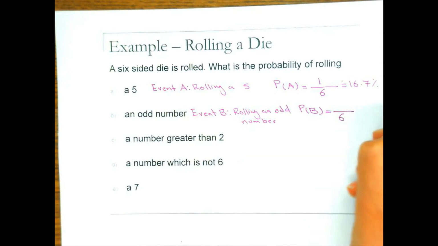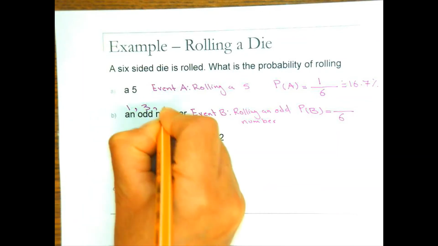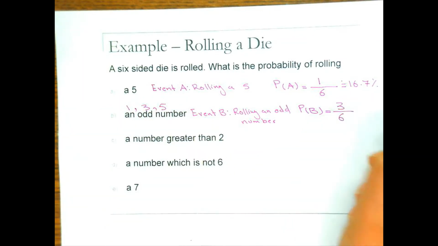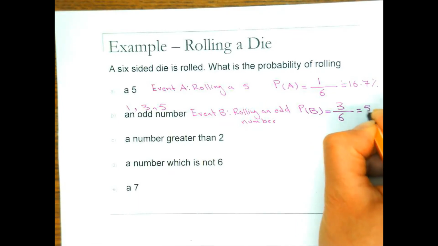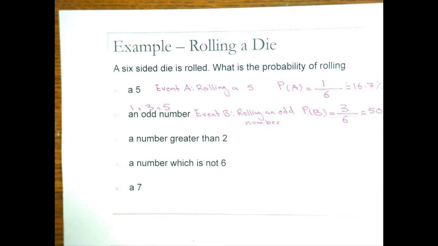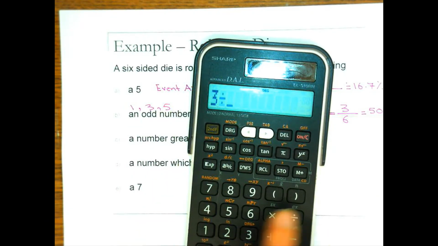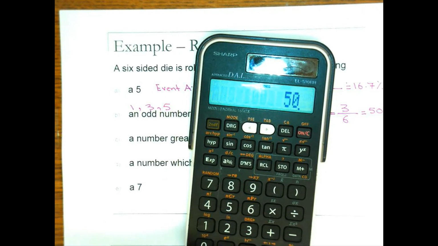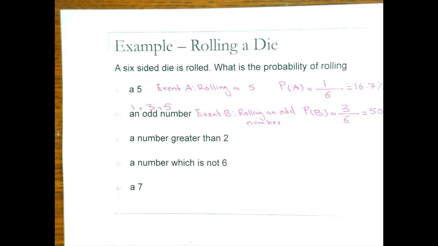How many of them are odd? When we get a 1 and a 3 and a 5. So 3 of them are considered odd numbers. So you have 3 out of 6, which is 0.5, that you multiply by 100 to get the percent. So 50% chance of getting an odd number.